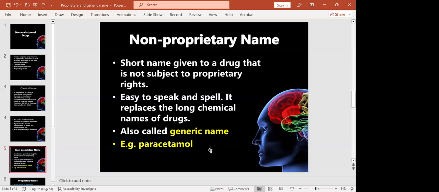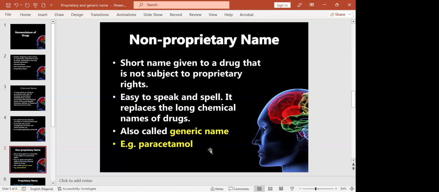So it is not owned by any pharmaceutical company. The same way vitamin C is not owned by any pharmaceutical company. But if Temi decides to make her own vitamin C, she can call it Temi C. That will then be the proprietary name. That is her own company name. But paracetamol is the generic name, like from the word general. So across the board, everybody knows it is paracetamol.